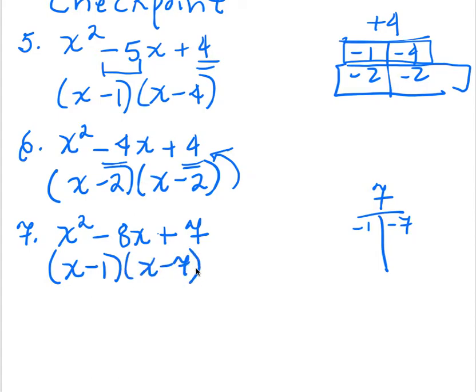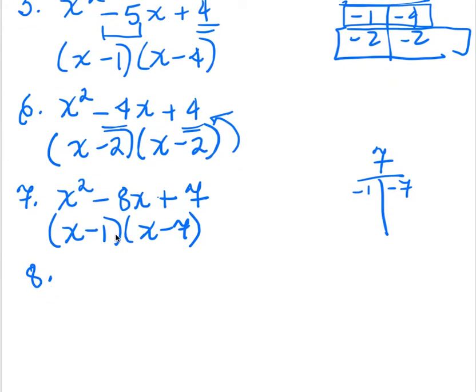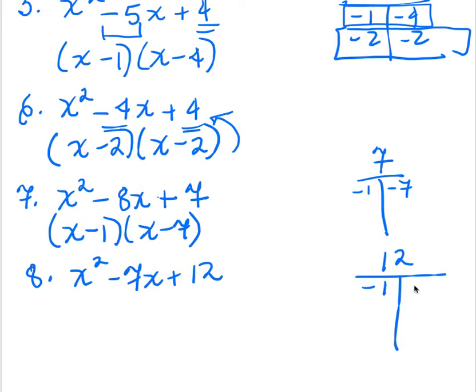All right, and then number 8, that's x squared minus 7x plus 12. So I'm looking for factors of positive 12 that combine into negative 7. I know they both have to be negative because my middle term is negative. So negative 1 and negative 12, well, that's negative 13.